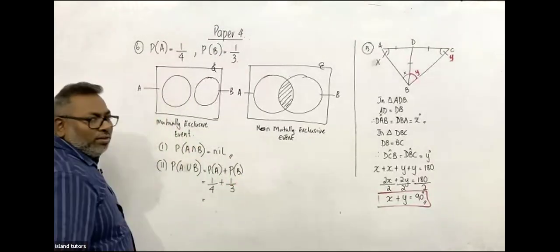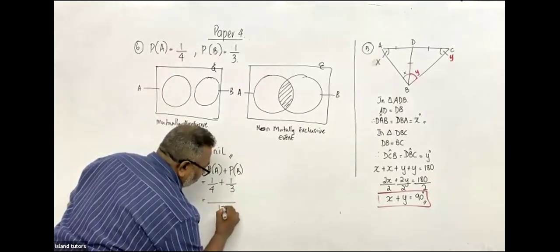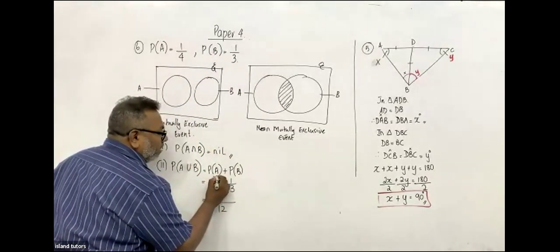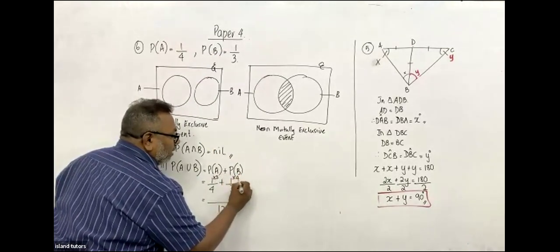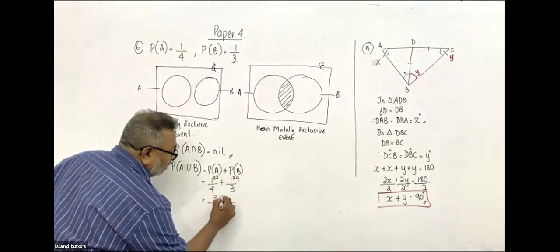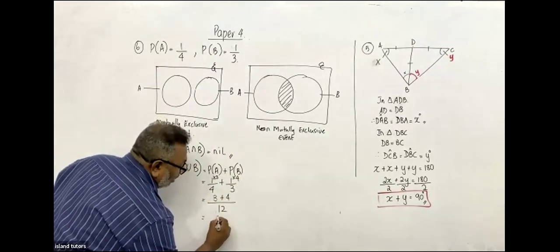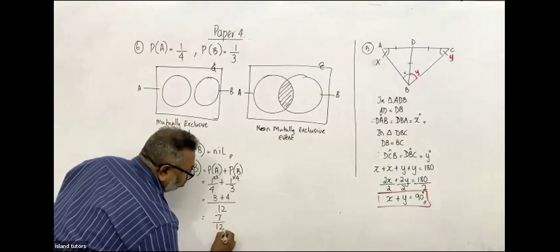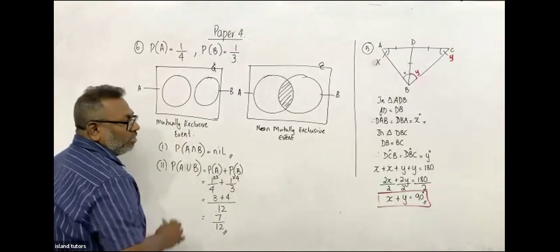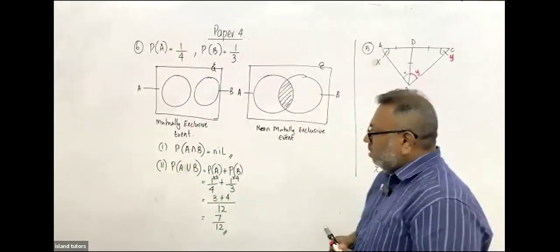The common denominator of 4 and 3 is 12. 1 multiplied by 3 is 3, and 1 multiplied by 4 is 4. So you have 7 over 12 as your probability of A union B.